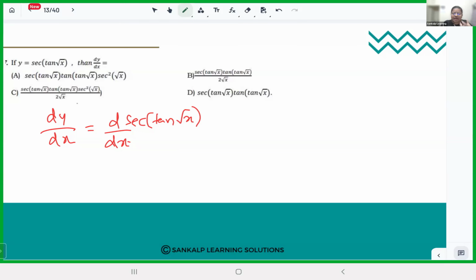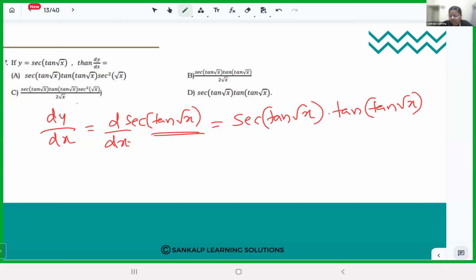The derivative of sec x is sec x tan x. But in the place of x, it is tan root x. So the derivative is sec of tan root x into tan of tan root x.